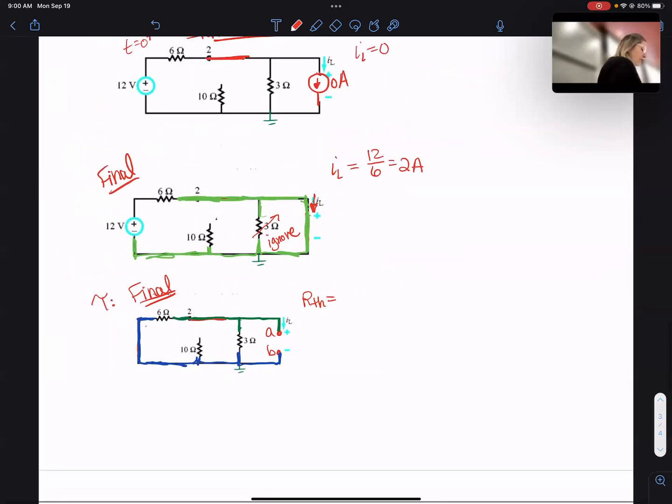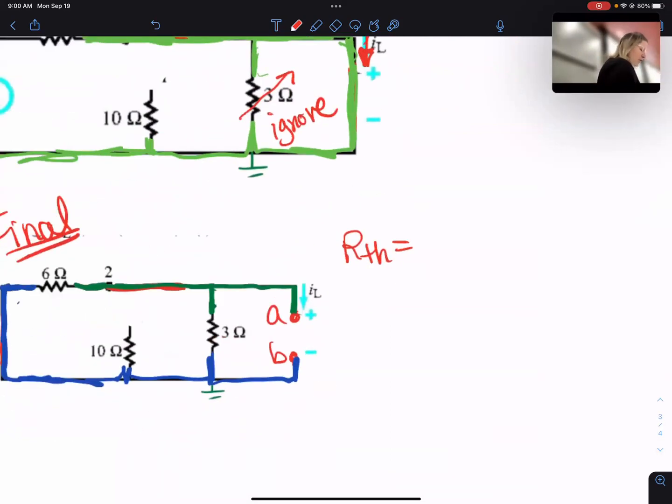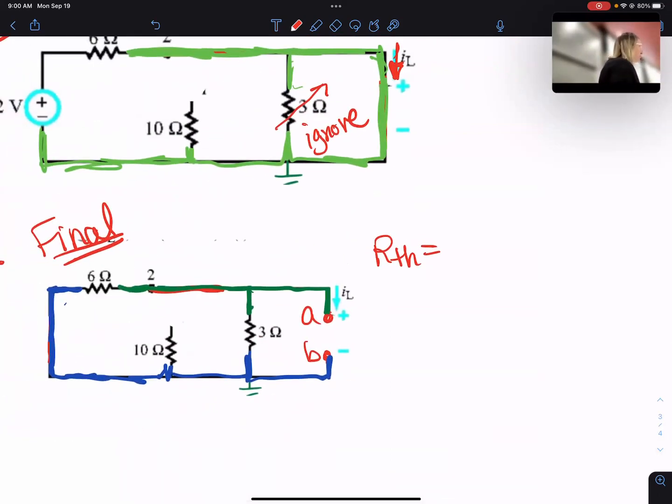So in the final position, the final circuit is shorted where you have a wire. But when you find tau, you're taking out the element and finding the equivalent resistance it sees across its terminals. So that's why you open it up and put A and B there. Does that make sense? Okay, so what is this circuit going to be for the Thevenin here?